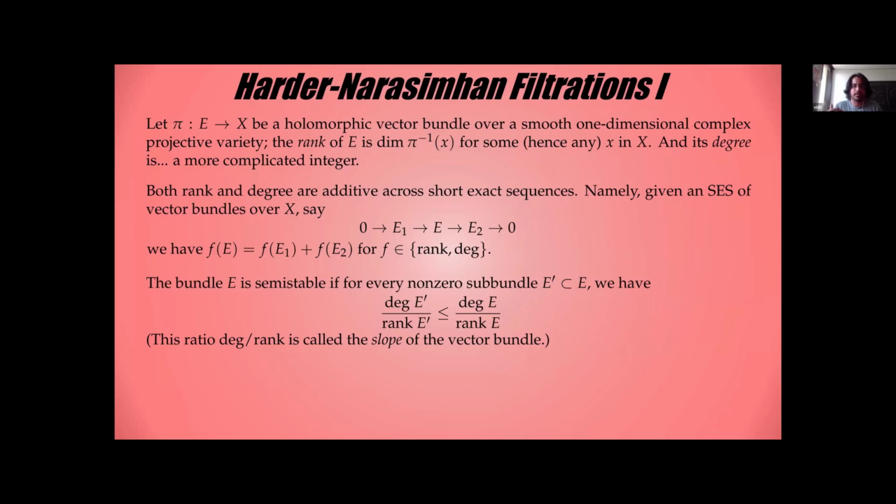So it's a very non-trivial ratio to understand. And it's not true that E prime's degree will have to be smaller than the degree of E. In fact, that's the whole point, that it's not true for an arbitrary E prime that this ratio is less. It's only true for the semi-stable ones. I hope this answers the question. If not, I'm happy to say more. I think it does answer the question.